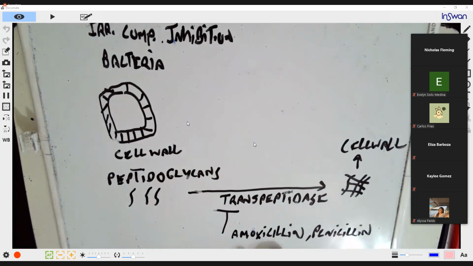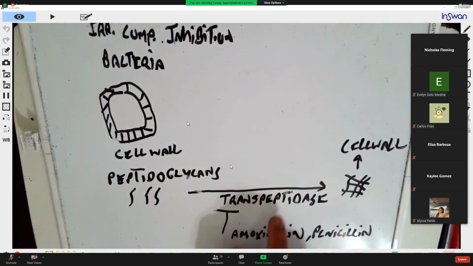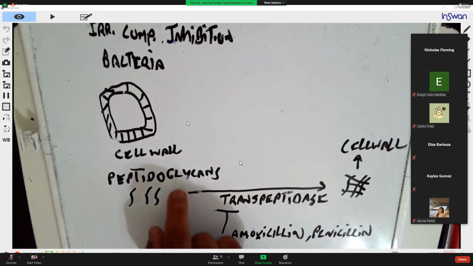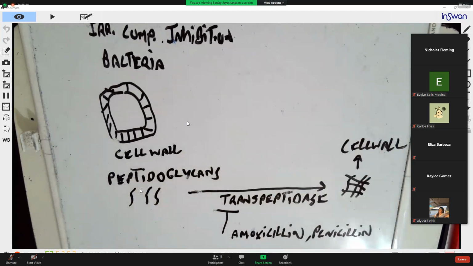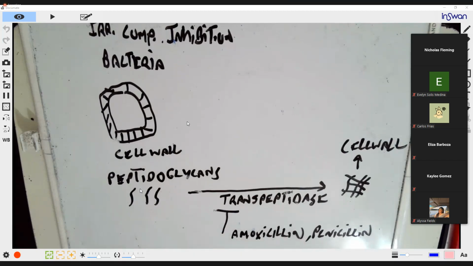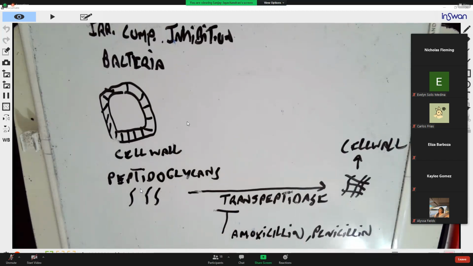What these guys do is they block the enzyme by competitive inhibition, so the bacteria can't make its cell wall, and the bacteria die. Any of the cillins do that. That's why they're pretty good antibiotics.